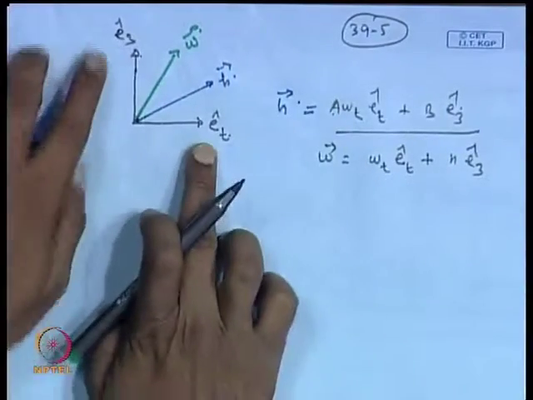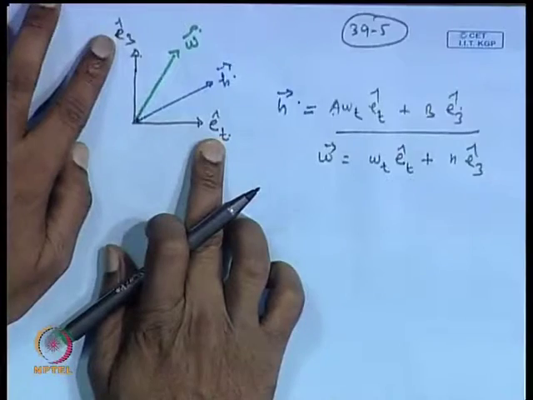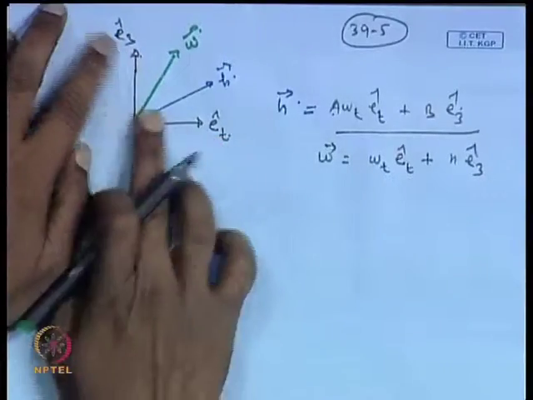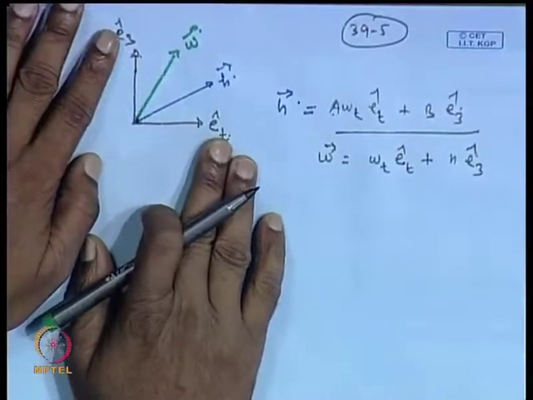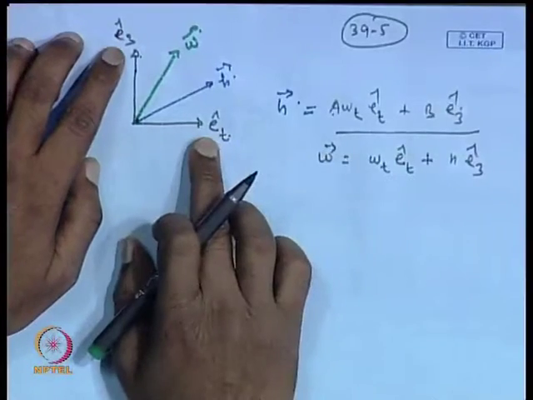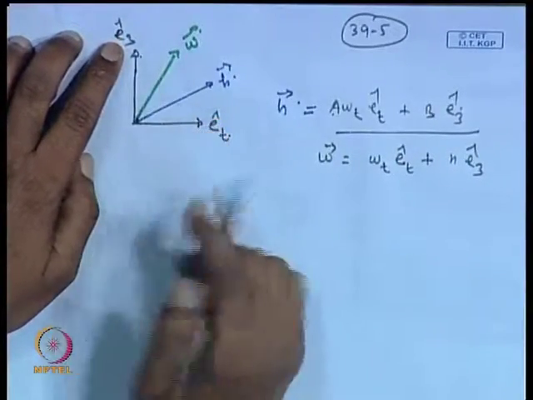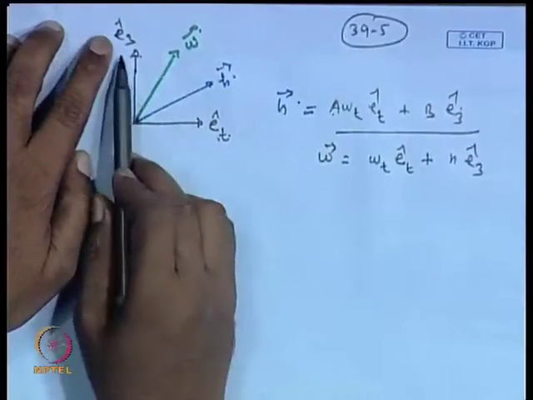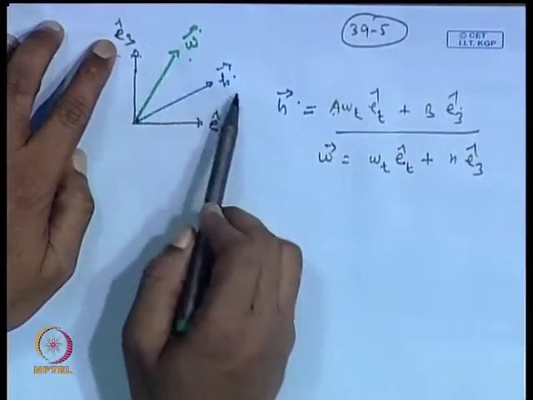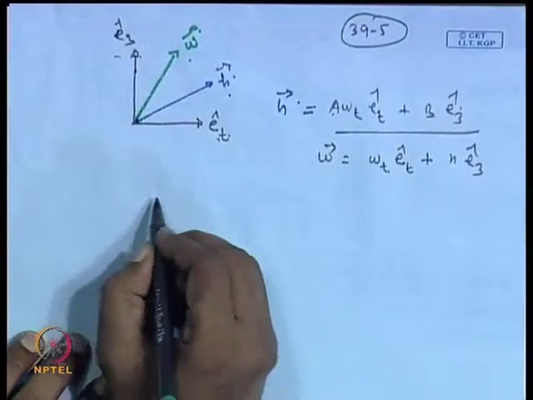What is the important thing here? This vector and this vector are coplanar, this constitutes one plane, and a linear combination of these two vectors will be lying in the plane constituted by E t and E 3. Therefore, omega and h both are coplanar. So, what we conclude?